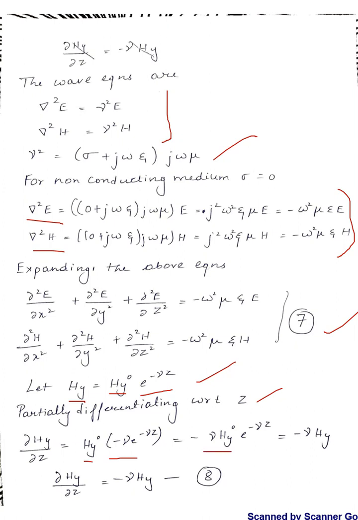Rearranging this equation, I'll be getting minus gamma Hy naught e power minus gamma z. Instead of this Hy naught e power minus gamma z, I have assumed it as Hy, so I'm going to just replace it by Hy. So I'll be getting minus gamma Hy. So dou Hy by dou z is nothing but minus gamma Hy. I'm going to take this as equation number 8.